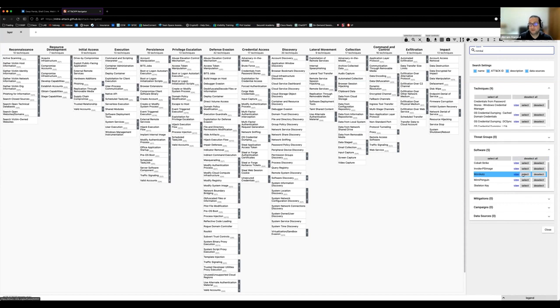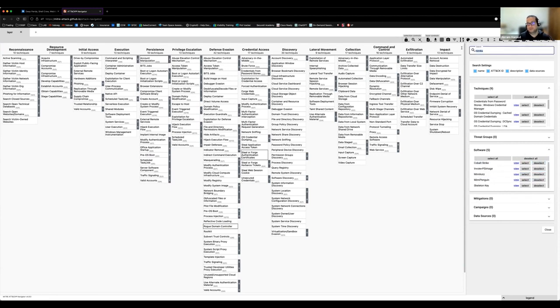If you select Mimikatz, it would show you that this one is highlighted, this one is highlighted, this one is highlighted as well. And it will tell you that this software is being used or leveraged in those techniques.